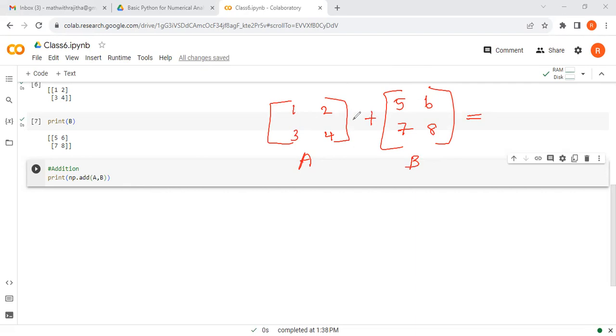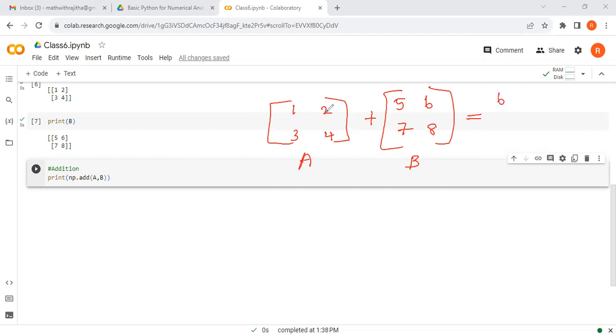When we are adding two matrices, we are adding corresponding entries. The first row, first column place adds up with the first row, first column place of the matrix B. So 1 plus 5 is 6.